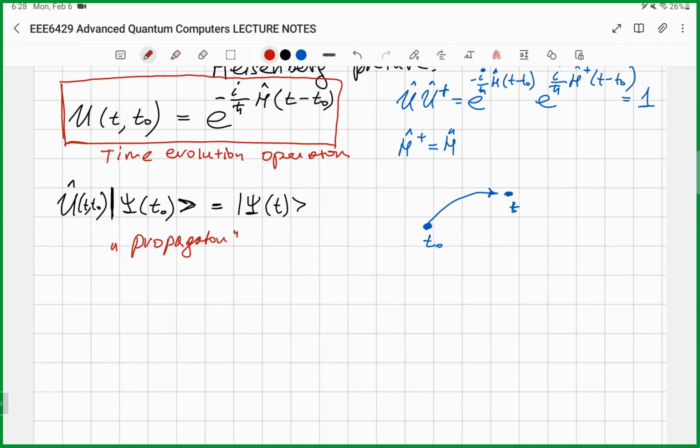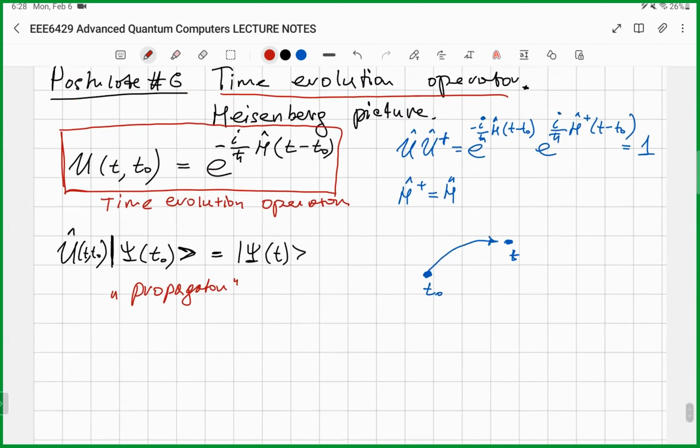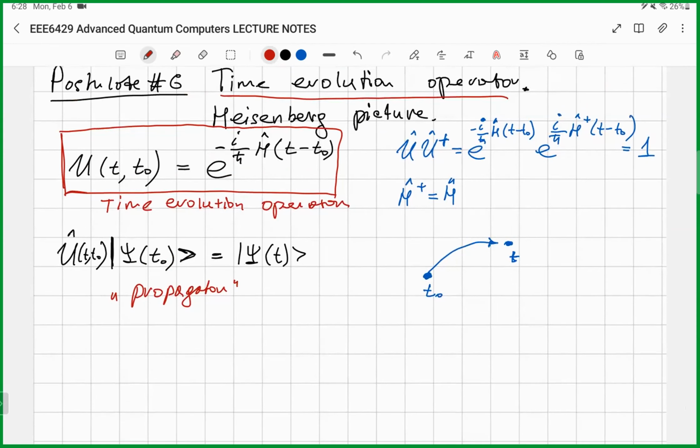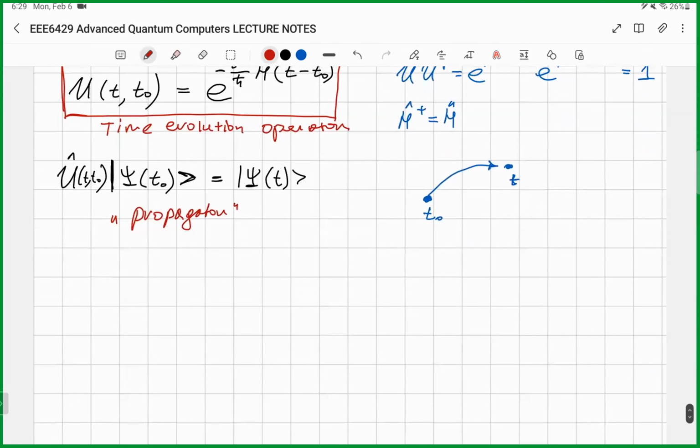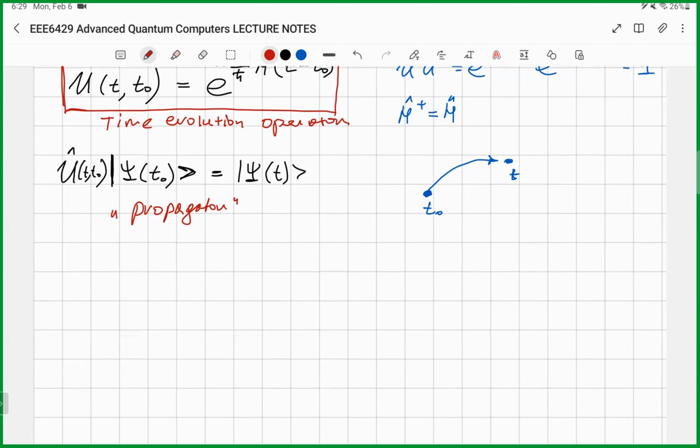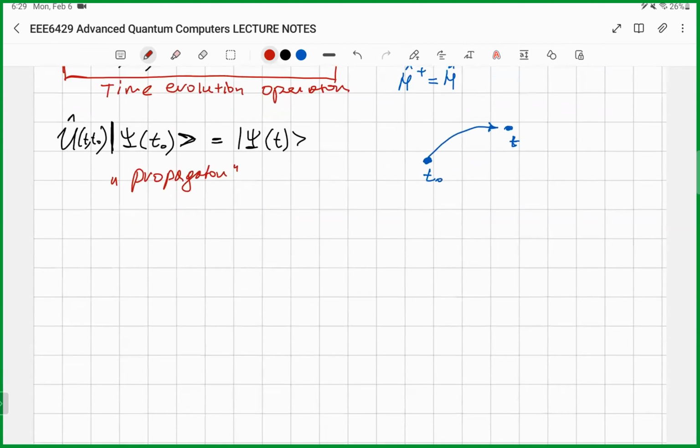So you see, there are many new words, right? This terminology: propagator, projector, operator. A lot of new words, but you just need to get used to all this. So this is the propagator. The propagator, for a known state, creates another state at a later moment of time, and this holds for any t sub 0 and t.